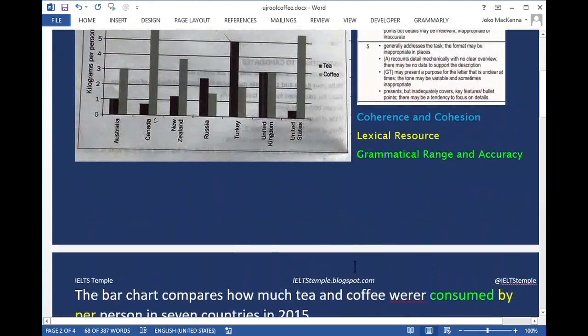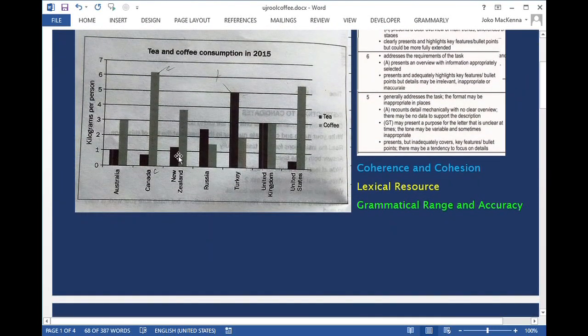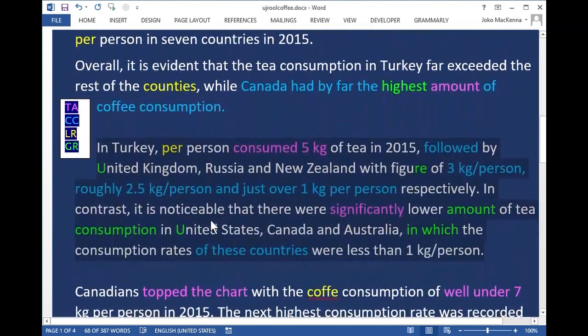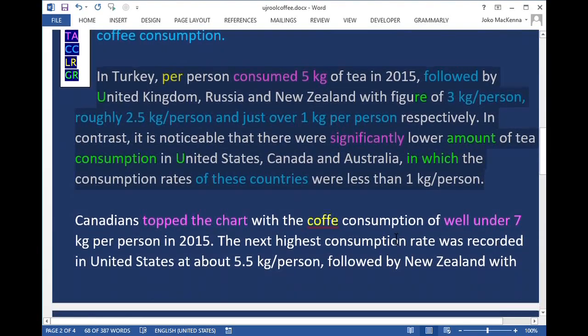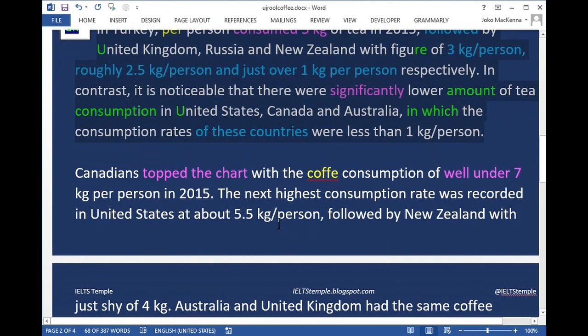Is that really? Okay, New Zealand drank this much tea. Australia drank this much tea. Wow, is that a significant difference? No, it's not. So don't be so tied up in these words that you've been taught that you forget what reality is.